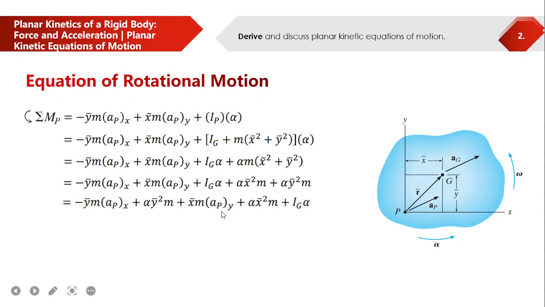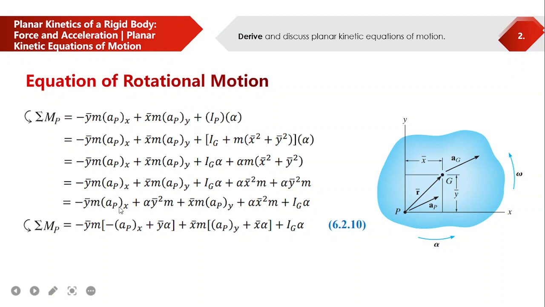Then we rewrite: negative y bar m times a sub G sub x plus y bar squared m times the angular acceleration, plus x bar m times a sub G sub y plus x bar squared m times the angular acceleration, plus I sub G times the angular acceleration. So combine like terms: that will be negative y bar m times a sub G sub x, plus x bar m times a sub G sub y, plus the angular acceleration times the factored terms, which is the simpler form, plus I sub G times the angular acceleration.